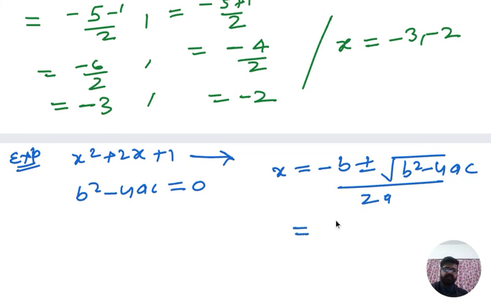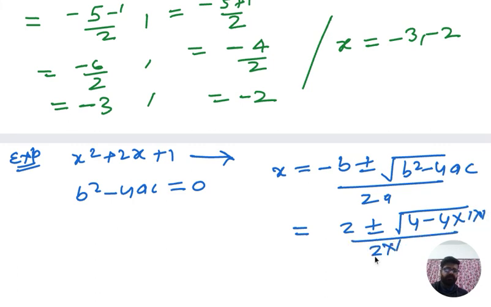So you can see the value of b is 2, plus minus under root, here will be 4, because square of 2 minus 4 into 1 into 1, and divided by 2 into 1. So this will become 0, and here is minus 1. You will find the value that will come is minus 1. So the roots will be minus 1 and minus 1.